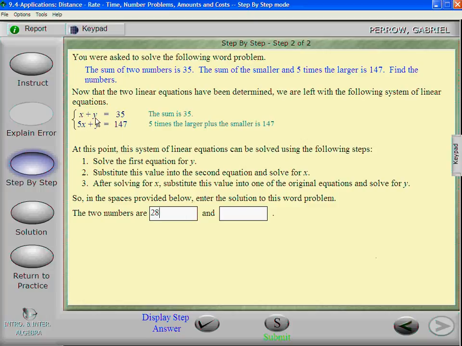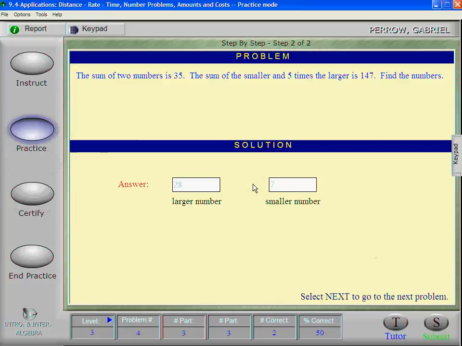That would be the larger number, and then just plug 28 back in, do a quick step of subtracting it from both sides. On the top equation, you should get 7 for the y value. Double check to make sure that makes sense. 28 times 5 is 140, plus 7 is 147. It checks out with both equations.